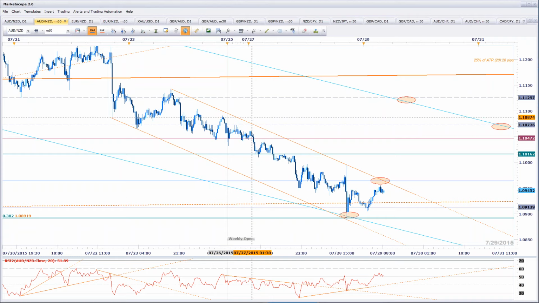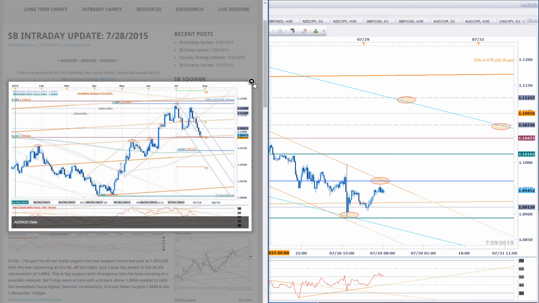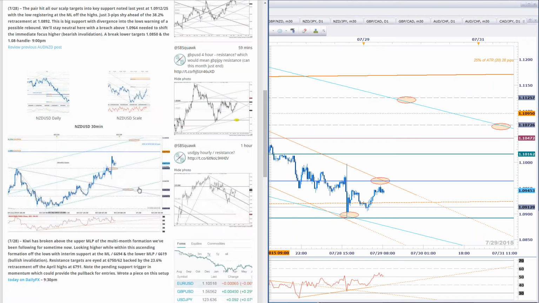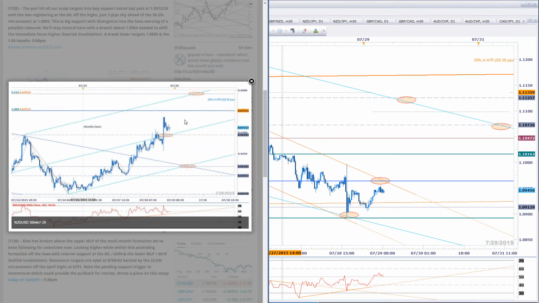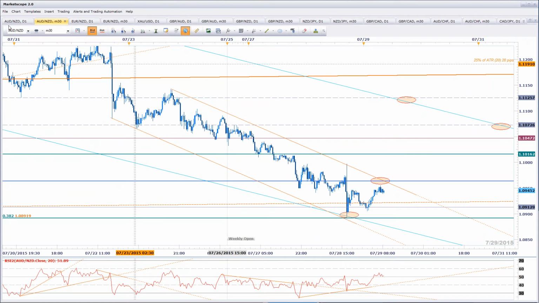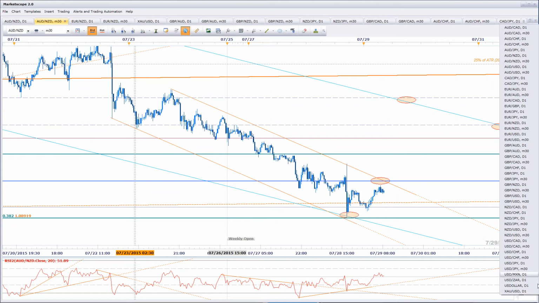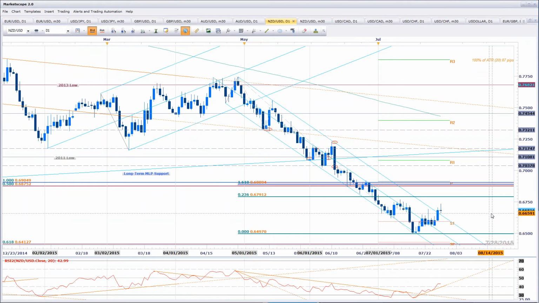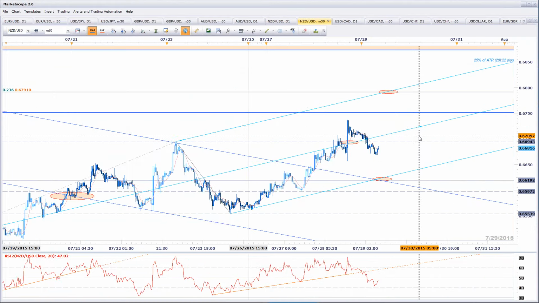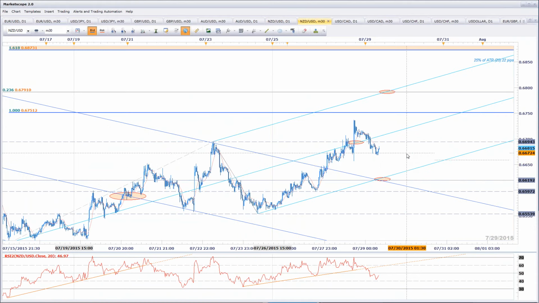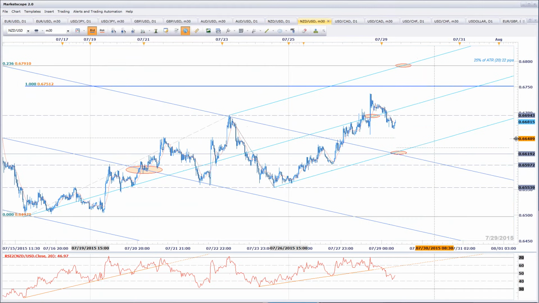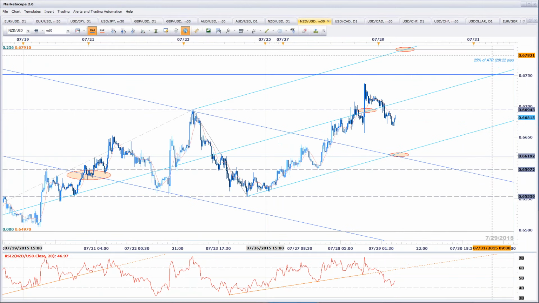Last but not least, from last night's update, we do want to just touch base on the Kiwi dollar trade. So, again, like I said, I put a piece on this yesterday on Daily FX, right ahead of some of those comments that Wheeler said. It never ceases to amaze me the reaction that the market will give you guys on essentially what is the same exact nonsense that you will hear time and time again.